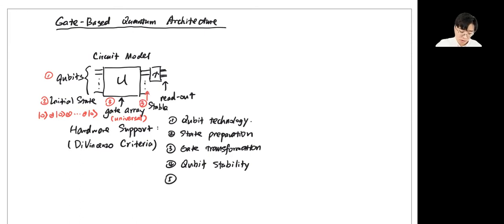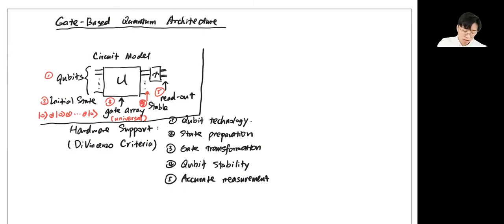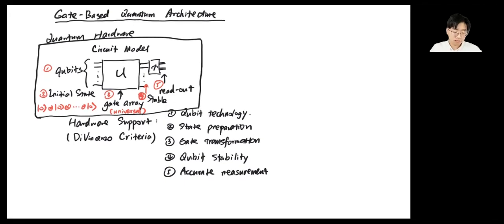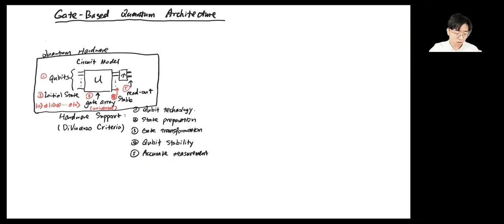And the fifth and final criterion is that the hardware needs to be able to perform accurate readout or measurement. Great, so now suppose we can do all of the five things that we mentioned above. Then we have built a quantum hardware. Okay, so that is the hardware support for a quantum computer.